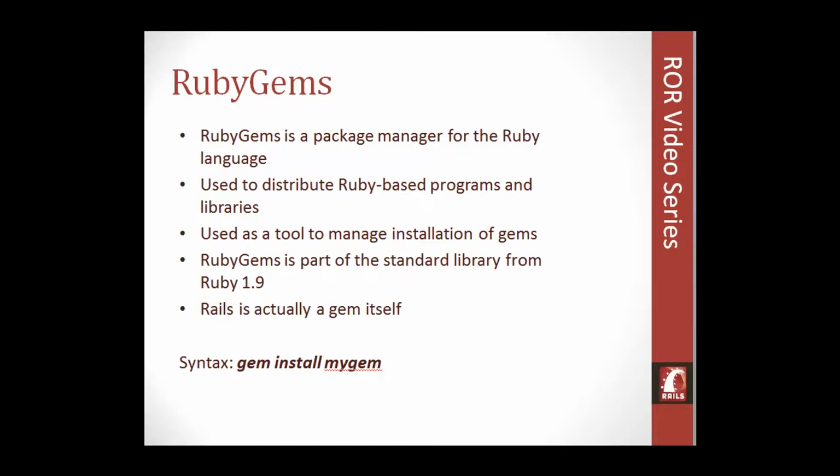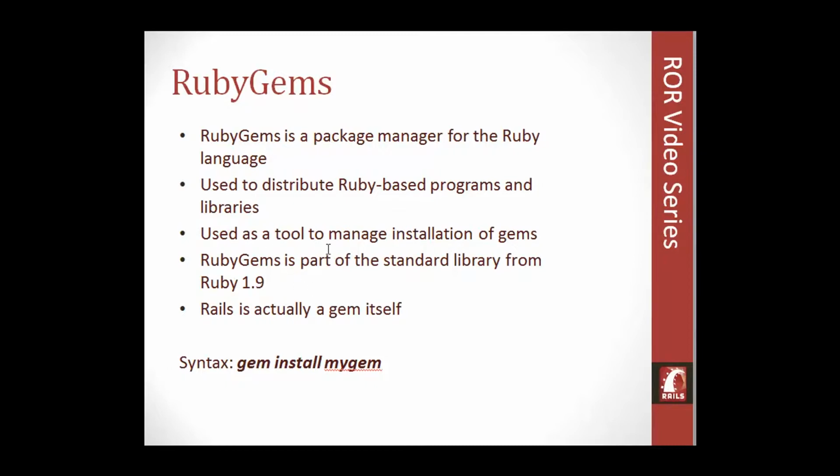Rails itself is actually a gem. Once you have Ruby Gems, you can use the syntax gem install followed by the name of the gem. They can be looked at kind of as modules or plugins, and they are used to distribute Ruby-based programs and libraries, so just chunks of code that you can utilize in your app.